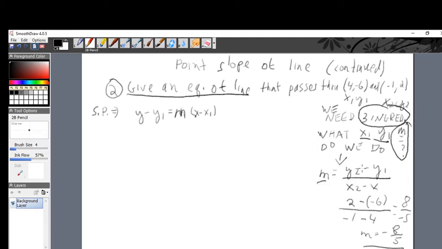And now with these 3 ingredients, we can come over here and put them into our point slope of the line. Y minus y1 is -6, so I put a -6 over here. The slope is -8/5, so I put a -8/5 right over here.